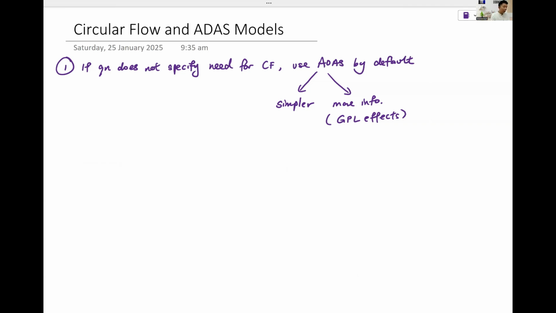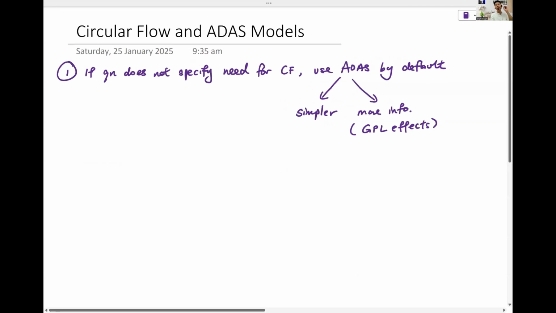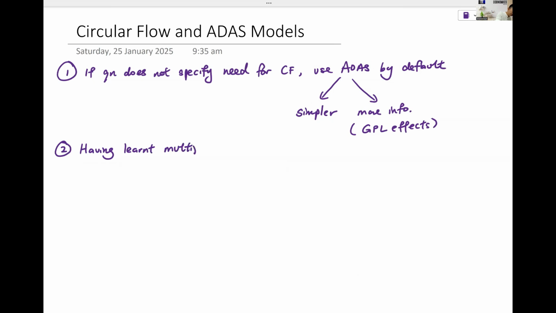But does that mean what we did last week is only for those few CCA questions? Well, not really. The second point is, having learned your multiplier process from the circular flow, we now have to apply it to your AD and AS model.